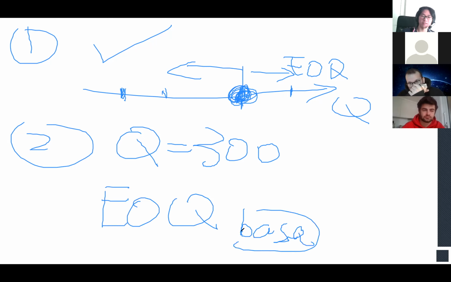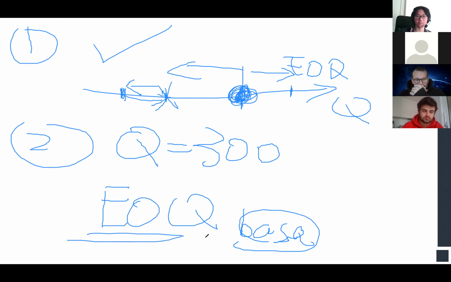And the second point you're considering is the base EOQ point, which means you are using the original price, and it is usually less than the discounted EOQ. But this point will definitely not be used. As you can see, we are moving further away. First of all, you are below the discount threshold, so you cannot use the discount. And then you have to come back to the base EOQ.